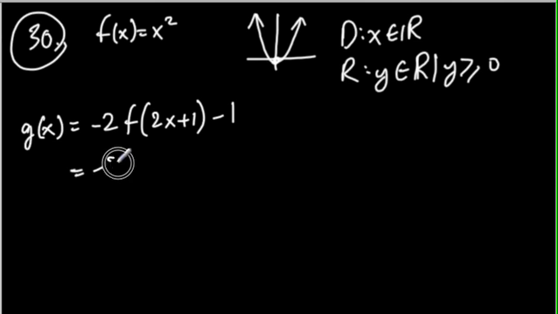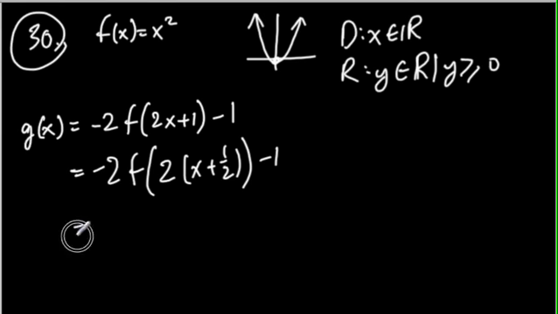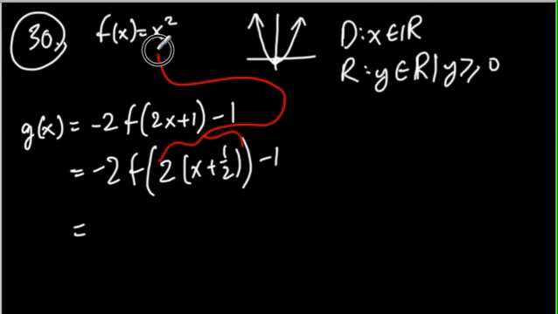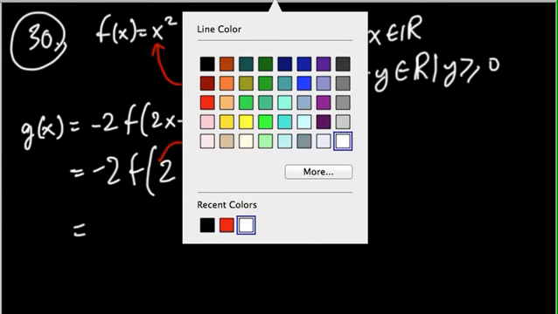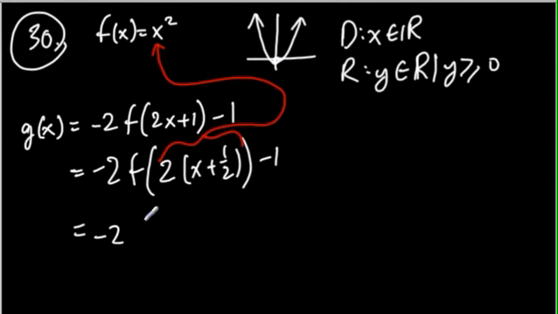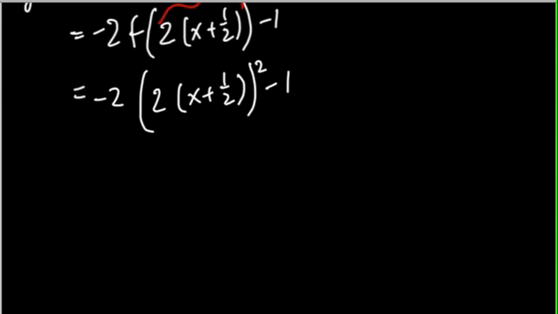Here, remember, always factor the argument first. So you get 2 times (x plus a half), minus 1. And remember, all we're doing is taking this argument and plugging it into the x value of f of x over here. So it's negative 2 times (2x plus half) squared, minus 1.